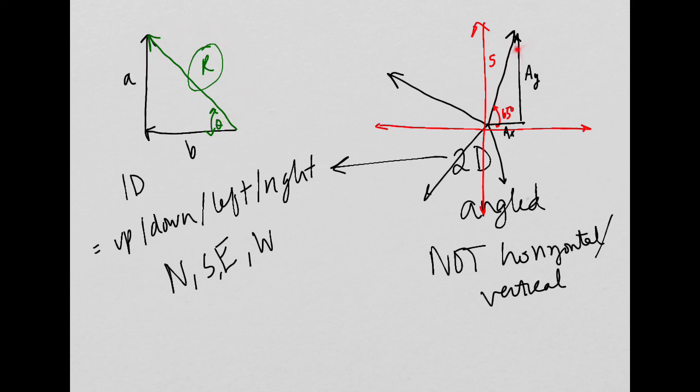But if it's angled, what we have to do is find the horizontal and vertical components. Then we can solve for the components and add them up. We're going to have to add them to whatever the other angled vectors we're working with.